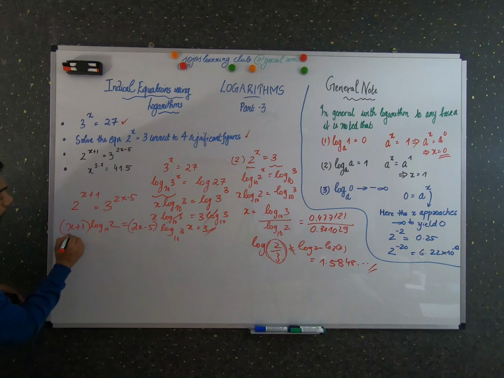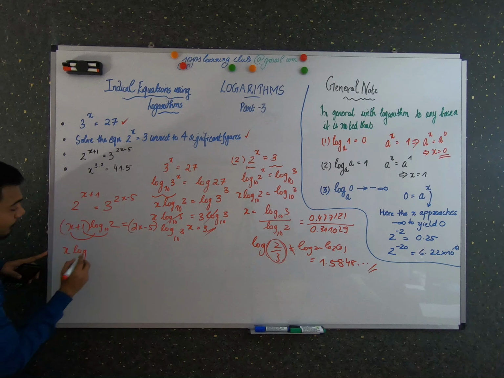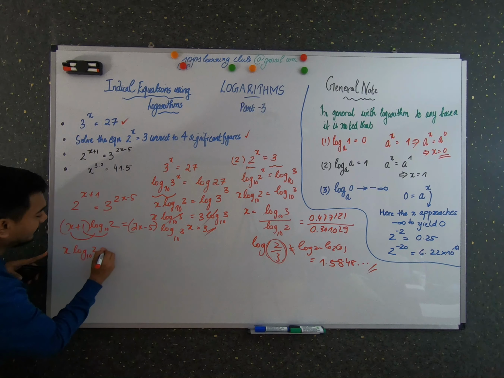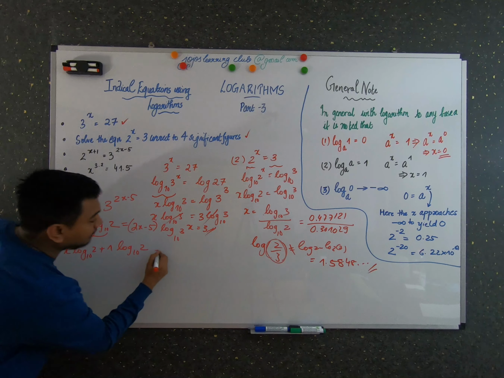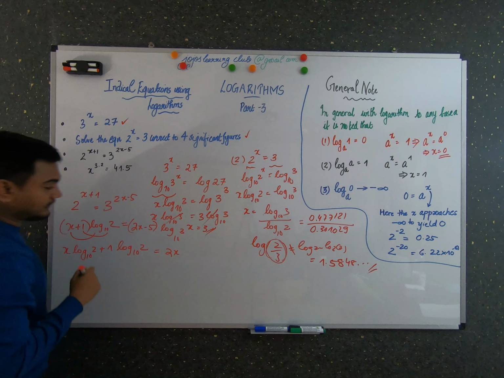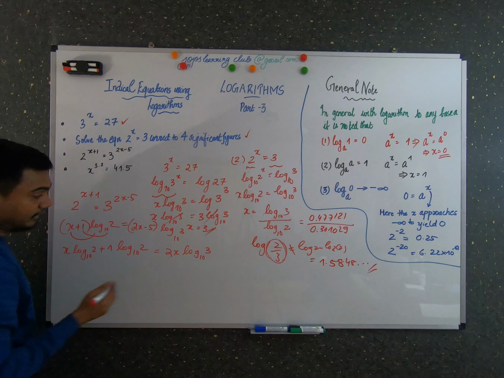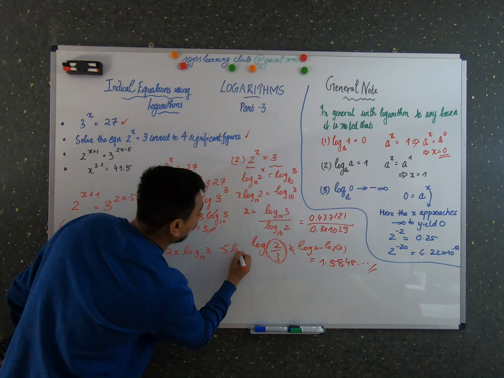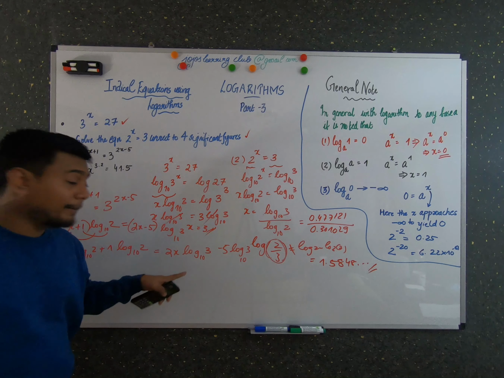I'm going to first solve this. So x into log 2 plus 1 into log 2 to the base of 10 is equal to 2x into log 3 to the base 10 minus 5 into log 3 to the base 10. I just opened the brackets.